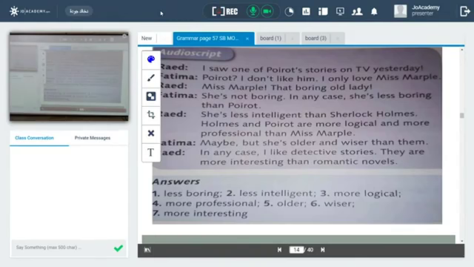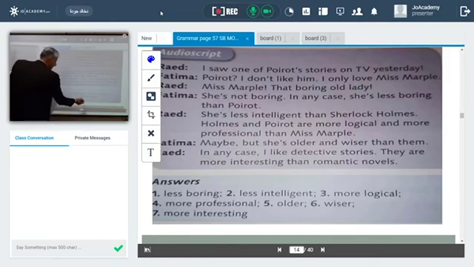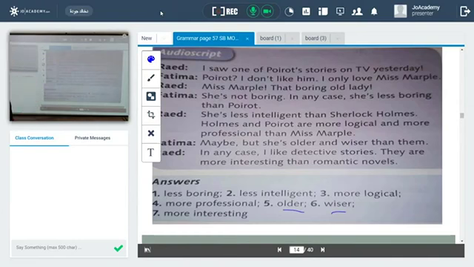So we have only older and wiser from the short adjectives. The rest are longer adjectives. That's why we use more or less with them.